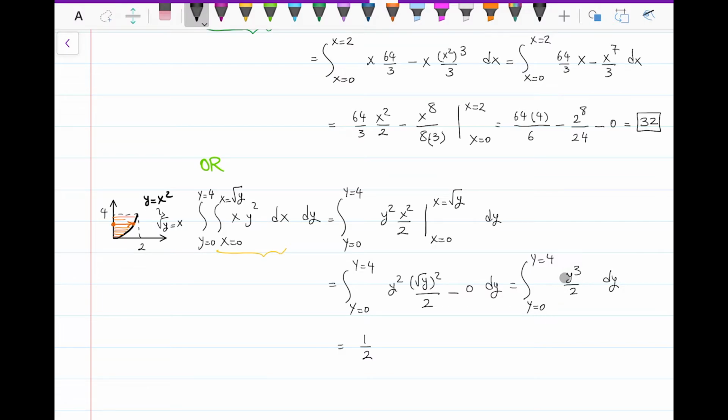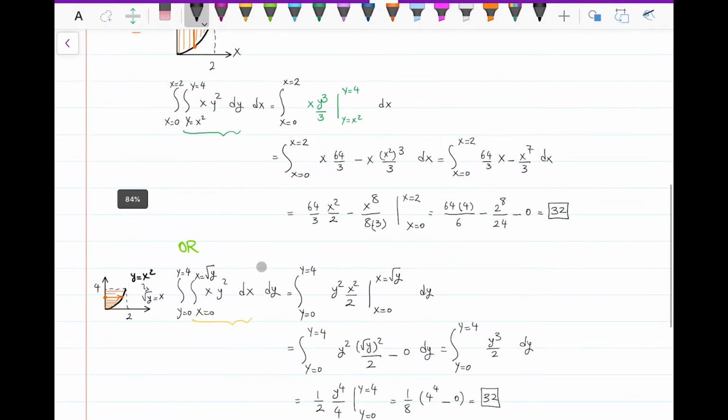The integral of y cubed would be y to the 4 over 4, y from 0 to y equals 4. Now plug in 4 in here. So I get 1 over 8, 4 to the power of 4, minus, plug in 0 in here. So I get 0. So this is 4 to the 4 divided by 8, which is 32. I get the same result.